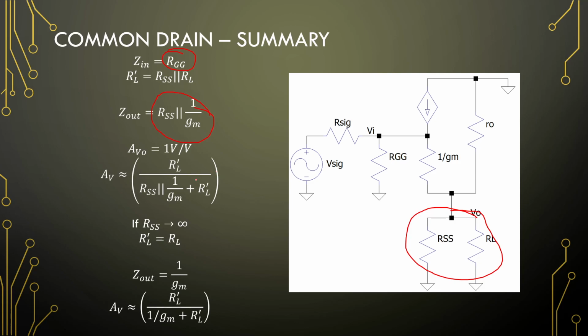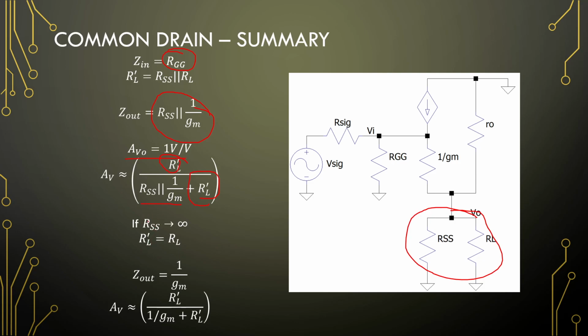Output impedance is RSS parallel to 1 over GM. So our gain unloaded is typically 1 volt per volt. Loaded, we have R load prime over the output impedance plus our R load prime.